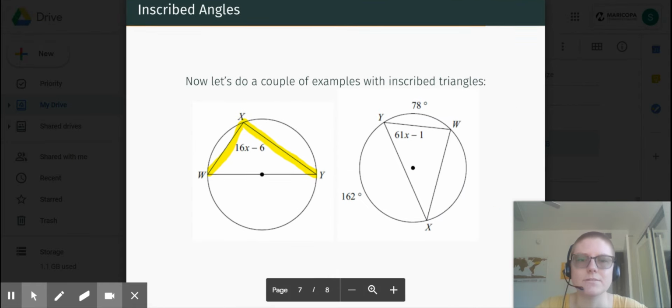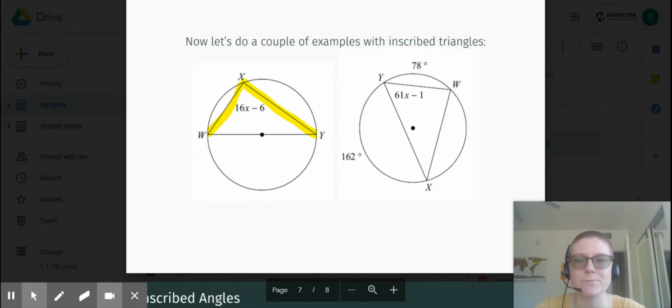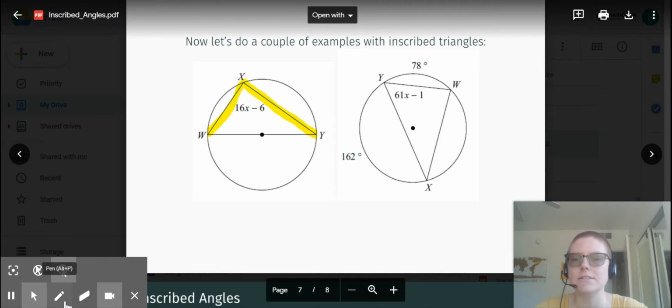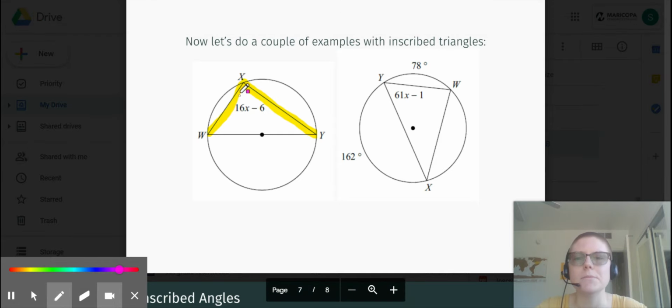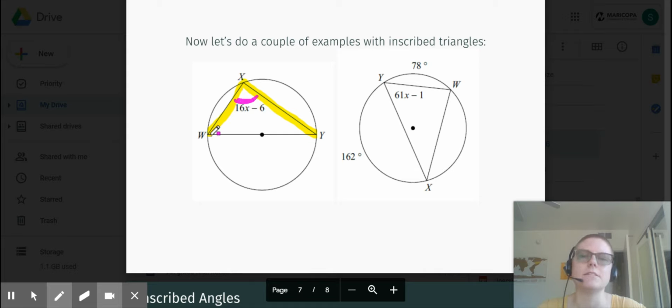All right, so we've got a couple of examples with inscribed triangles. On this one, I marked the angle that is 16x minus 6, and this is a diameter, which means that this angle intercepts a semicircle. So how much does this angle have to be?